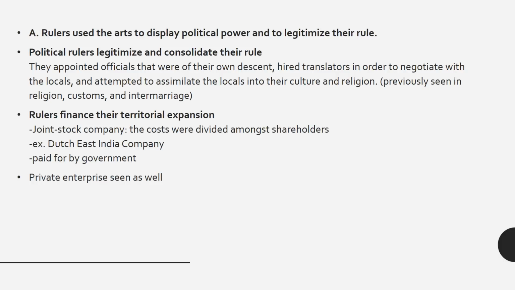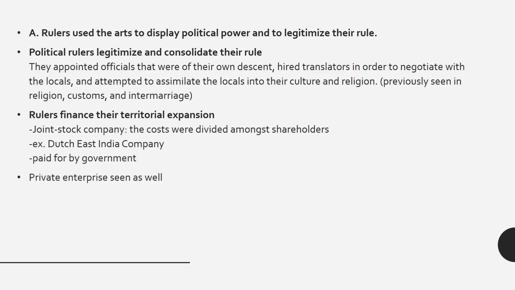If you want to own a piece of Coke and you want to have a say in how they make money or profit or change things, you buy a share, right? And the more shares you have, the more power you have over that company. We see that with the Dutch East India Company, for example. Some expansion is paid for by the government, and so we see that in places that don't have joint stock companies involved.